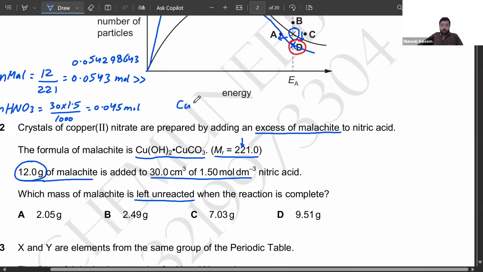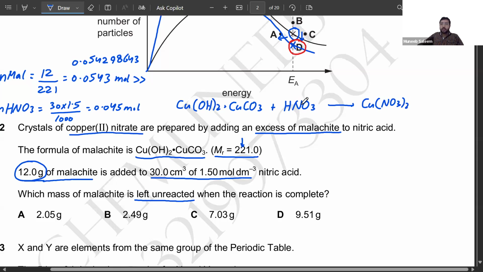We have the malachite. This is the formula for malachite, CuCO3, it reacts with nitric acid. Now this is basically forming the compound copper nitrate. We should know the formula of copper nitrate is Cu(NO3)2.